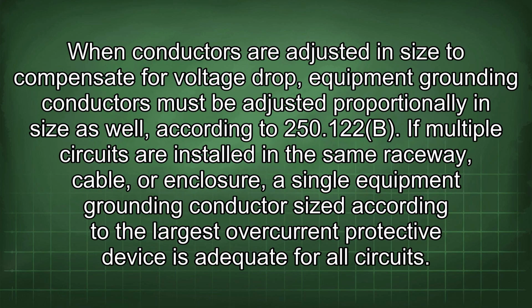When conductors are adjusted in size to compensate for voltage drop, equipment grounding conductors must be adjusted proportionally in size as well, according to 250.122(B). If multiple circuits are installed in the same raceway, cable, or enclosure, a single equipment grounding conductor sized according to the largest overcurrent protective device is adequate for all circuits.